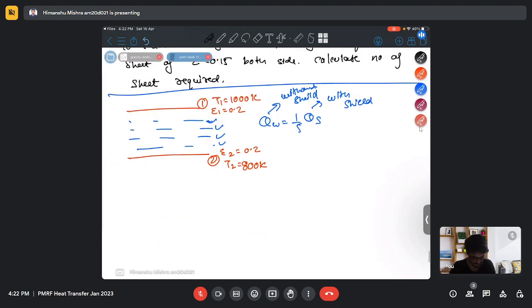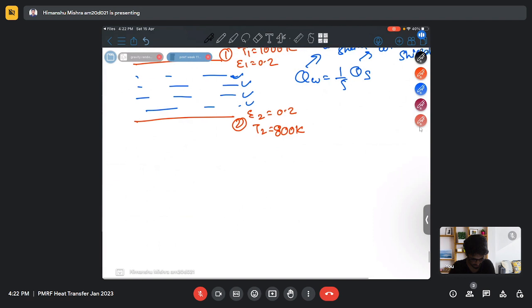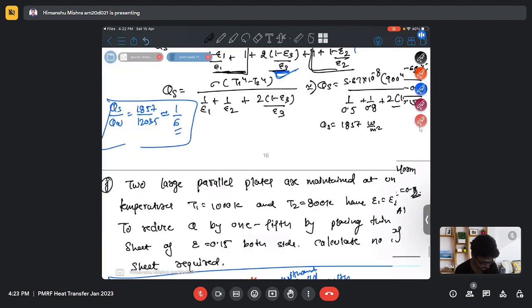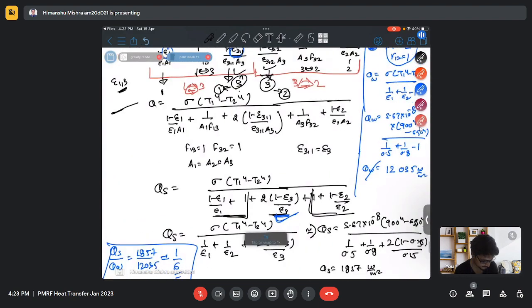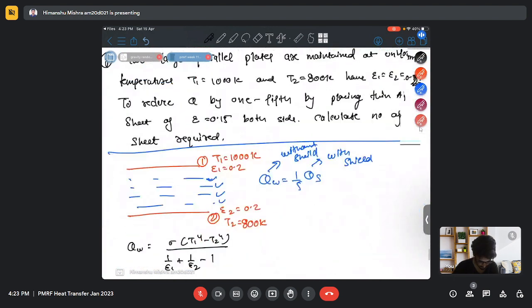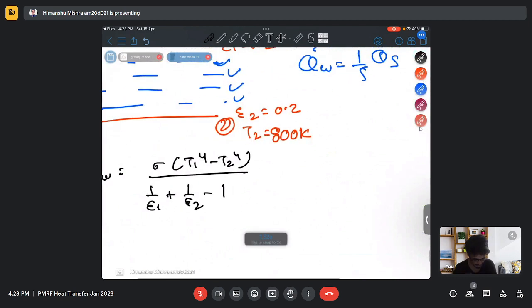From the resistance formulation that we have been using in so many questions, I can directly write the heat transfer without shield. It is epsilon 1, 2 minus 1, which is exactly the same relation that we discussed in the previous question and in many questions here. And this is for the without shield case.